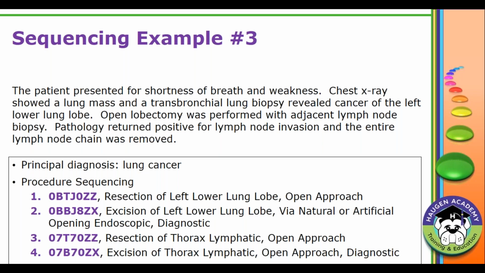That pathology returned positive for lymph node invasion, and so they had to remove the entire lymph node chain. So in this case, the reason the patient came in and the principal diagnosis is going to be our lung cancer, and the procedure that is most definitive and most closely related to the lung cancer is the resection of the left lower lung lobe.